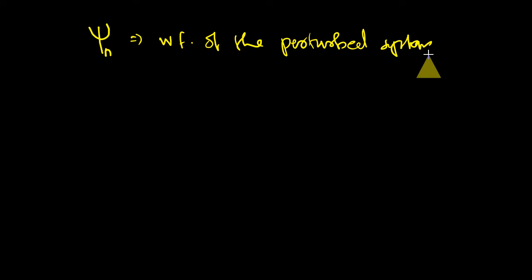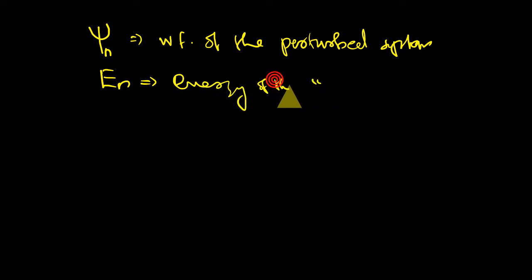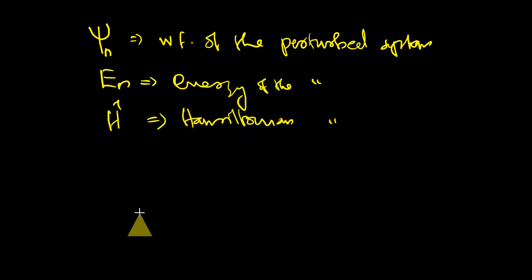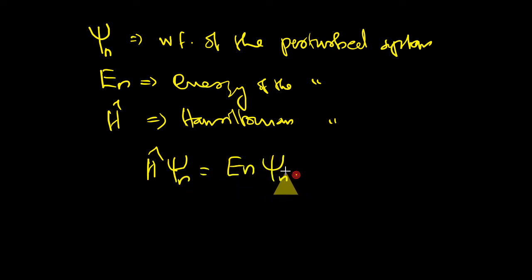It means that it is of the perturbed system, and En is the energy of the perturbed system, and the Hamiltonian corresponding to that is h cap. So h cap is the Hamiltonian for the perturbed system. So for the perturbed system, we can construct an equation h cap psi n is equal to En psi n, right?